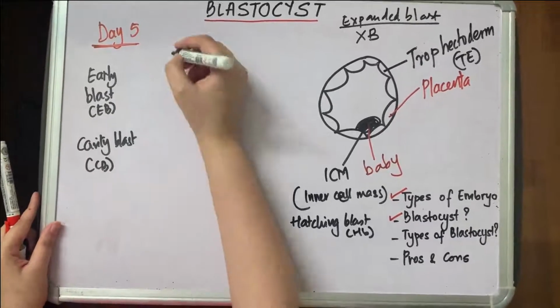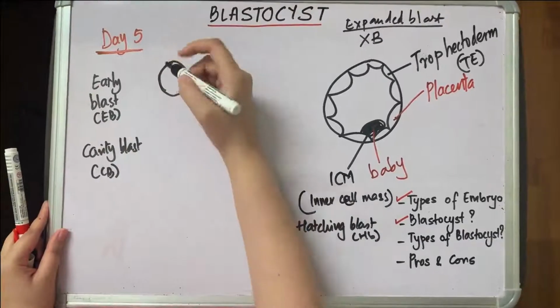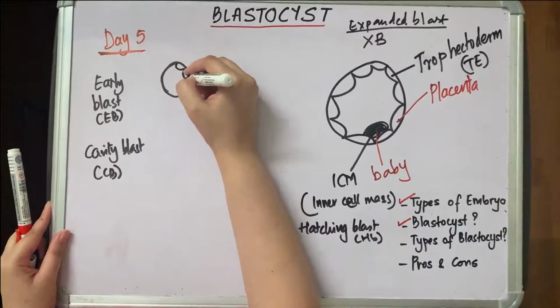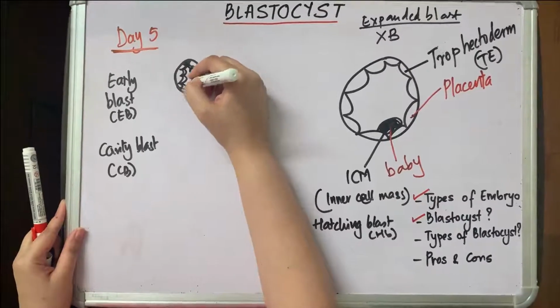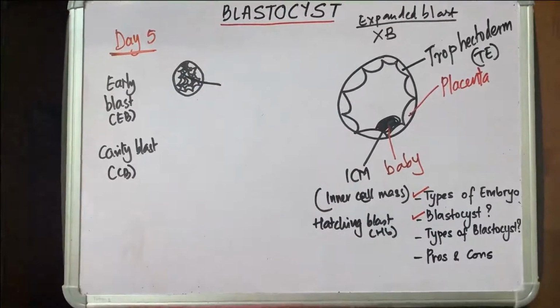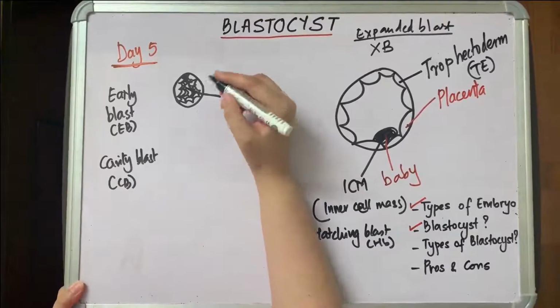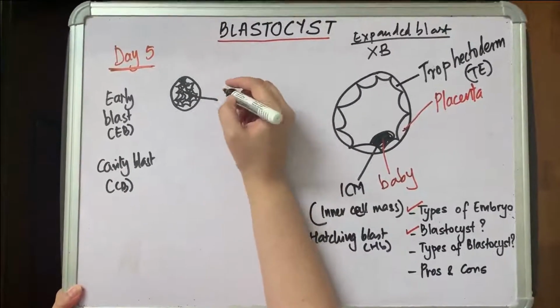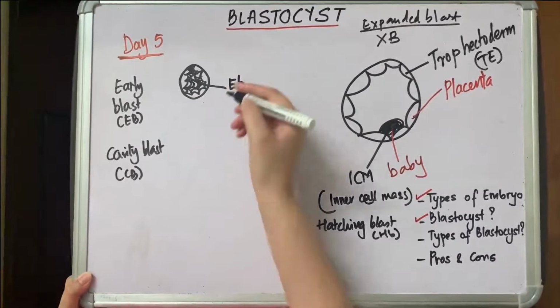So early blast is a stage wherein the embryo starts getting bigger, but there is no cavity. It's just like a lot of cells, and the cavity is just this much. So you can see like a notch, like you can make out that the cavity will begin in a few hours, but it is still in the early stage, therefore it's an early blast.